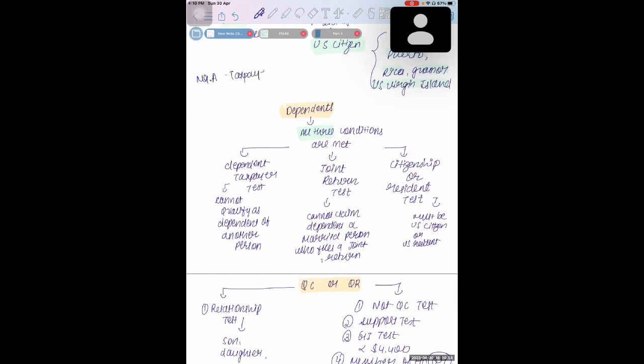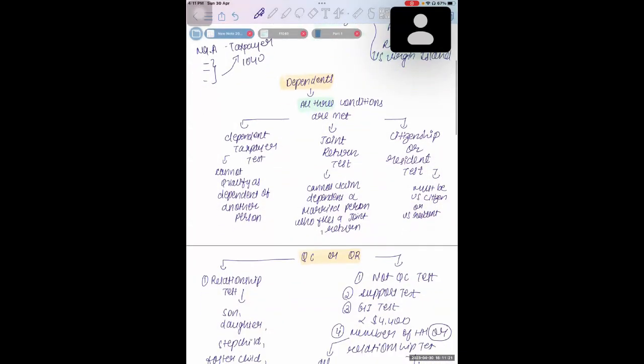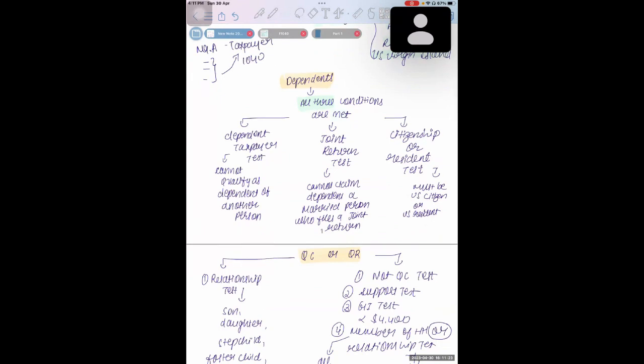Now he has two children and one parent also, so he can claim all these three persons on his 1040 return under this dependents section. Both the children he can claim here, and the parent also. But what are the conditions? The dependent should meet all the three conditions which are mentioned here.